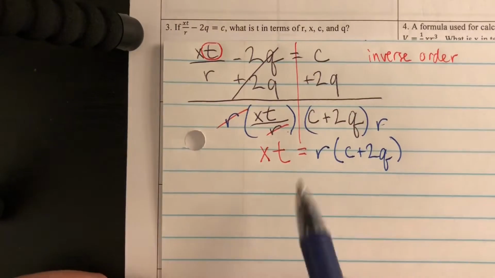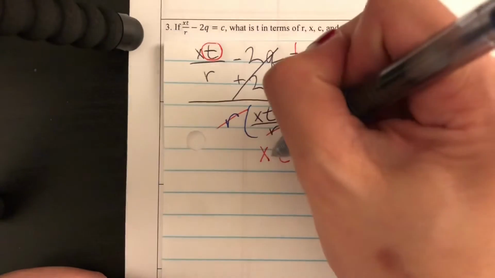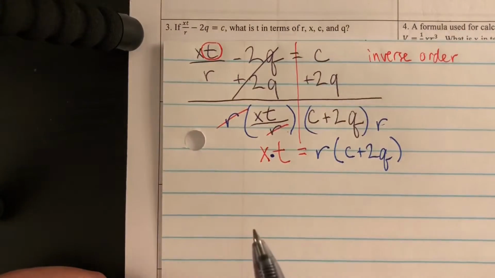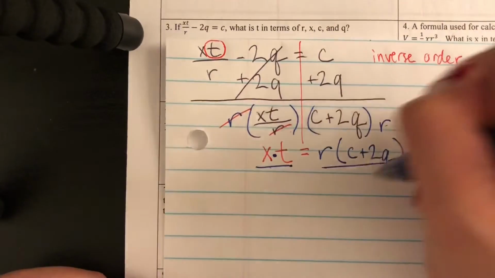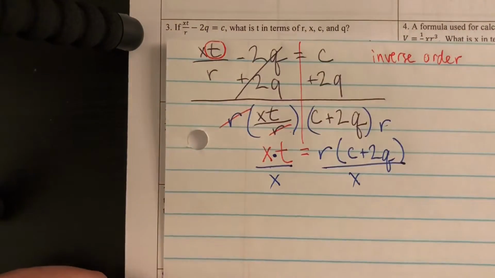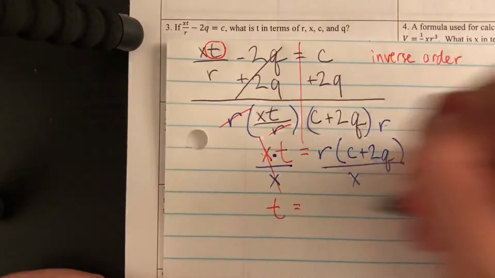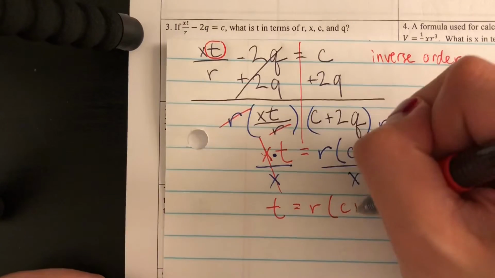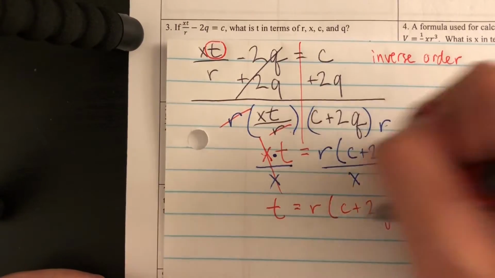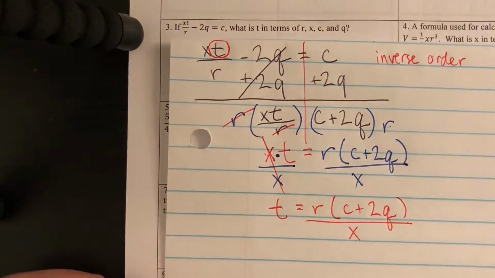My final step to get t by itself is to do the opposite of times x, which is divide by x. My final answer when I cancel these out is t equals r parentheses c plus 2q all over x.